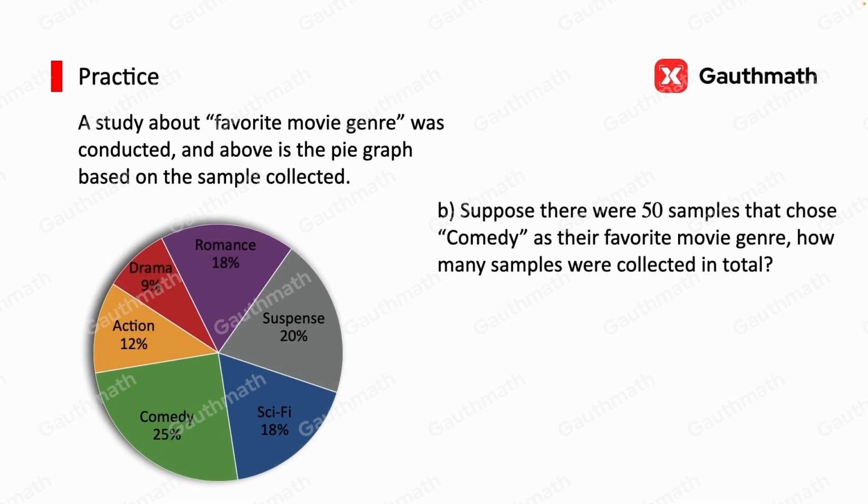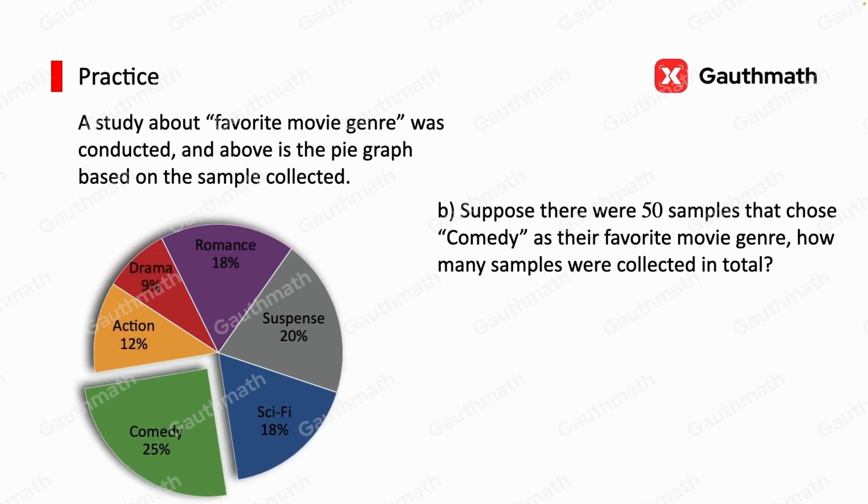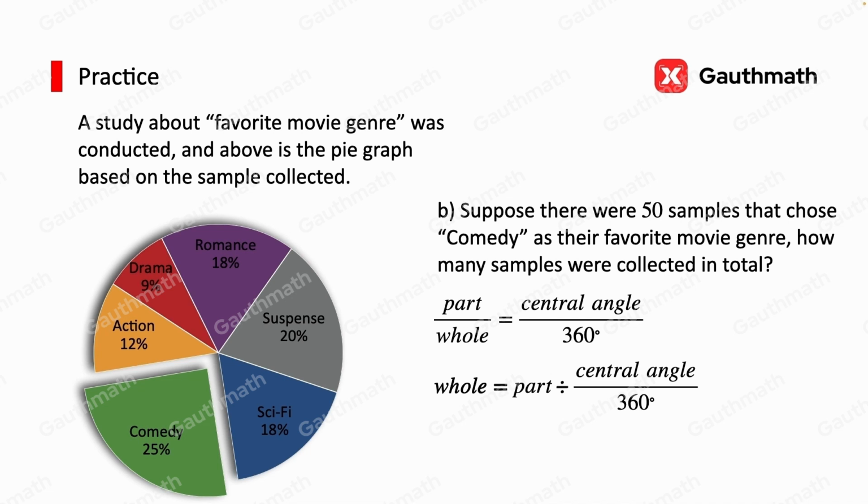Part B, suppose there were 50 samples that chose comedy as their favorite movie genre. How many samples were collected in total? Again, part over whole is equal to central angle over 360 degrees. In this case, we're looking for the total. And so whole equals part divided by the central angle over 360 degrees.